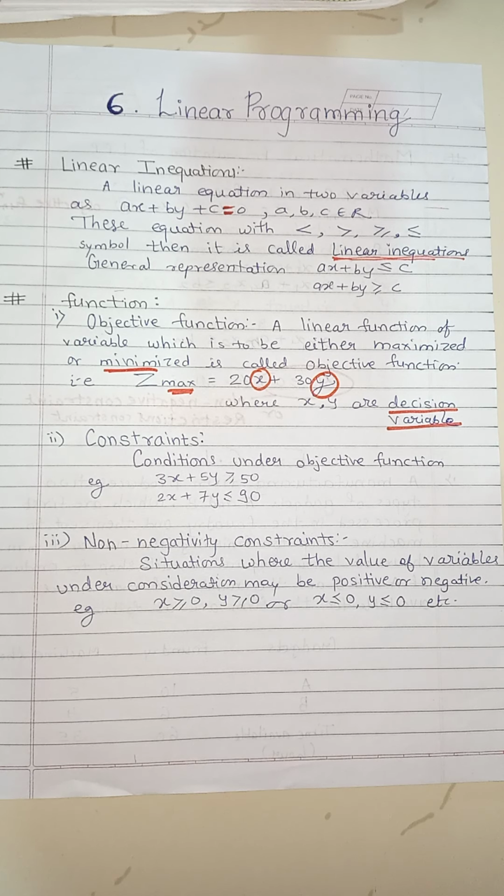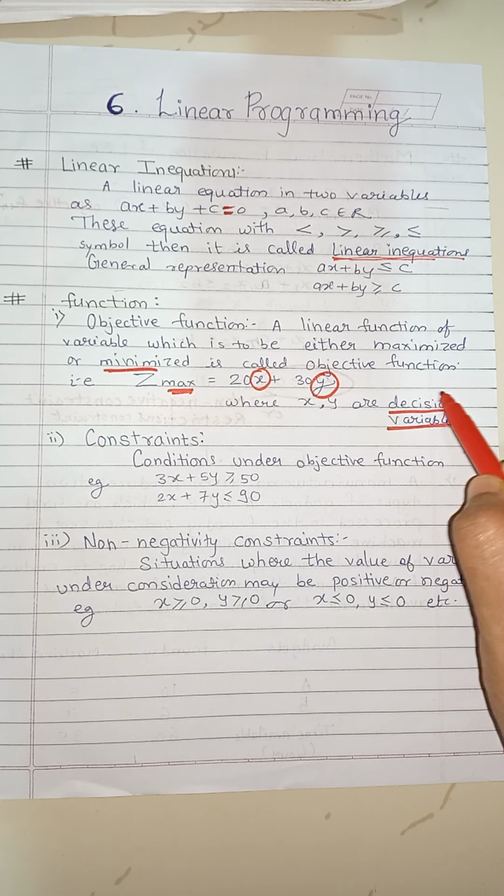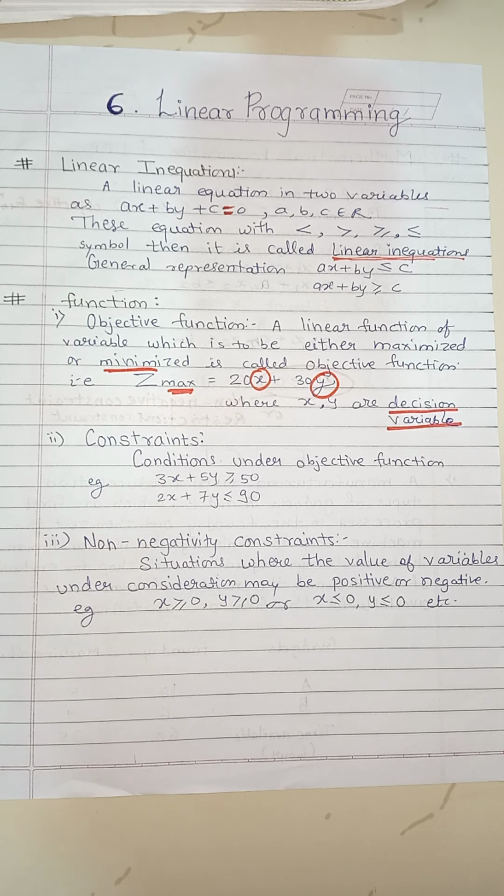This is useful in a company or can be applied to daily life problems. If we don't know the actual quantity of any material, then we consider it as x or y. Those quantities are called decision variables. For example, if we have to buy 5 mangoes and 3 apples, then we don't know the actual price. If 1 apple costs 5 rupees, then 5 multiplied by 5 is equal to 25.